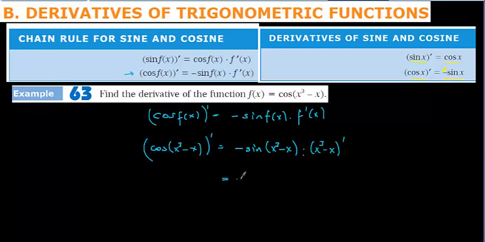That's equal to minus sine (x cubed minus x) times, here the derivative of x cubed is going to be equal to 3x squared, and derivative of minus x is going to be equal to minus 1. And this expression, of course, should be in parentheses like this, because sine (x cubed minus x) is one term and (3x squared minus 1) is another term, and this is a polynomial function normally.